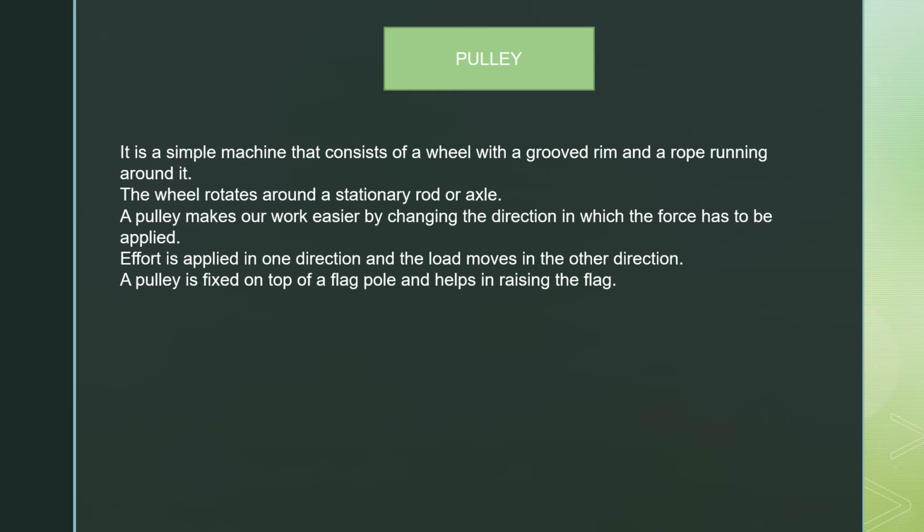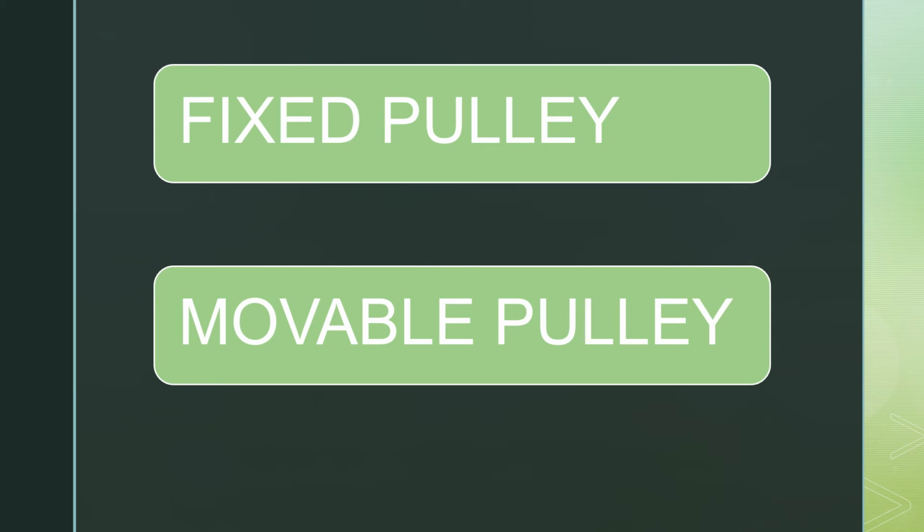It is used to make the work easier by changing the direction of the force applied, and effort is applied in one direction and the load moves in the other direction. Pulley is of two types: fixed pulley and movable pulley.